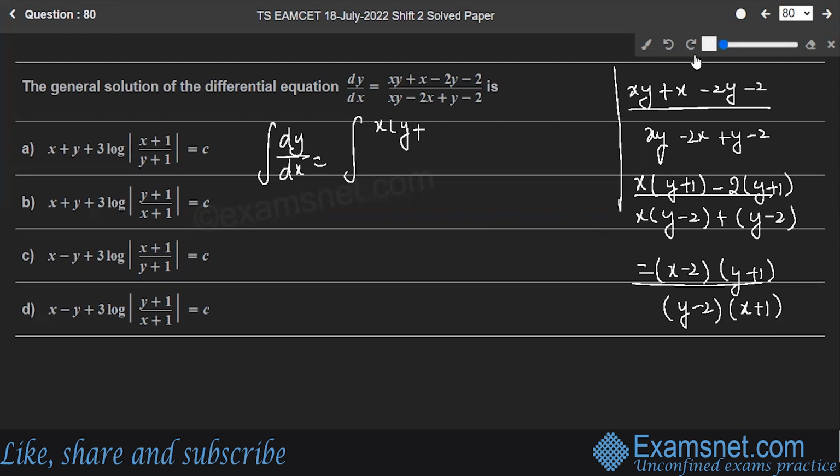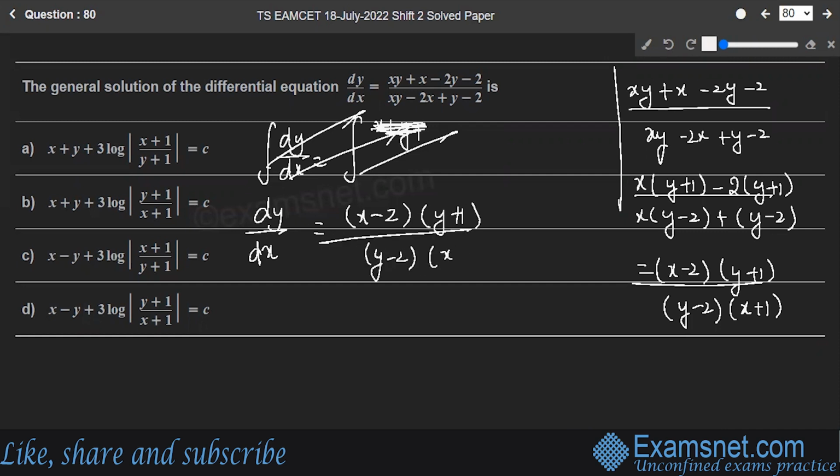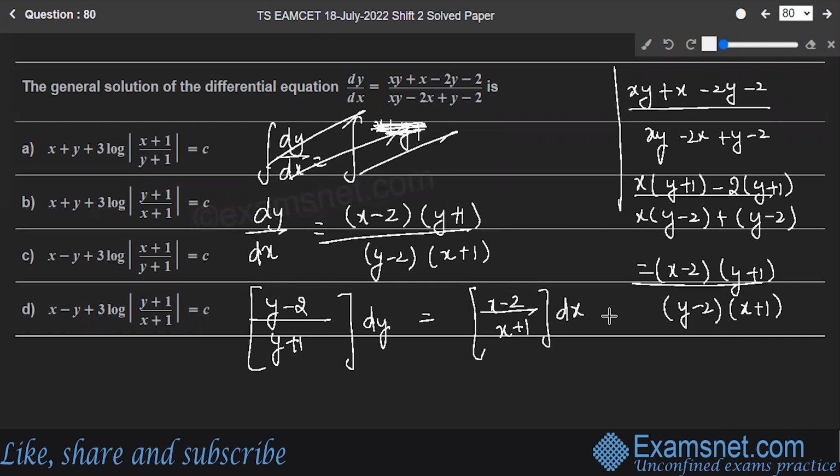Okay. So I'll rewrite this one. dy by dx is equal to (x minus 2)(y plus 1) upon (y minus 2)(x plus 1), or (y minus 2) upon (y plus 1) dy is equal to (x minus 2) upon (x plus 1) dx.